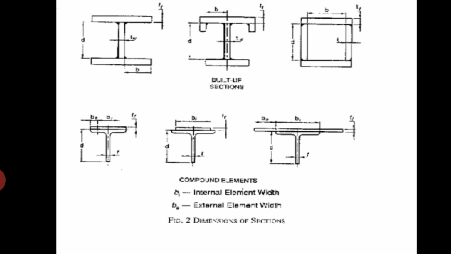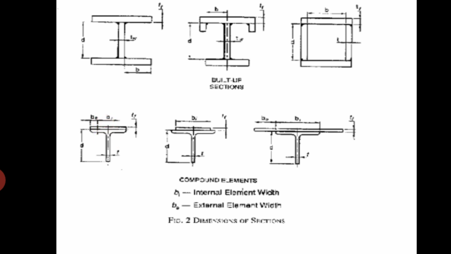I'll read from the code what are internal element width. These are the elements attached. I'll repeat, these are the elements because we are talking about the built up sections. Built up sections are nothing but one or two elements which are being attached to other elements. So these are the elements attached along both longitudinal edges, just look here, they are marked as BI and BE.